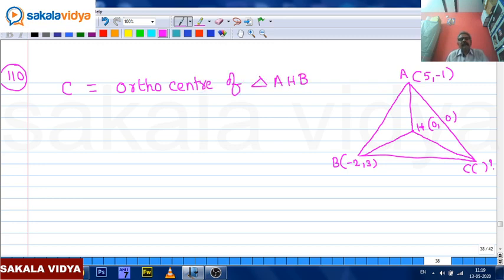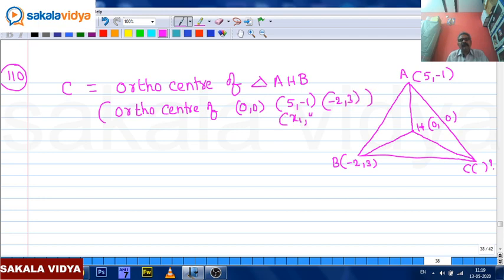That means we need to find the orthocenter of 0 comma 0, 5 comma minus 1, and minus 2 comma 3. We know the shortcut, we have discussed it. Say x1 comma y1 and x2 comma y2.